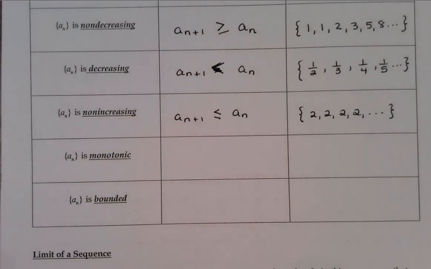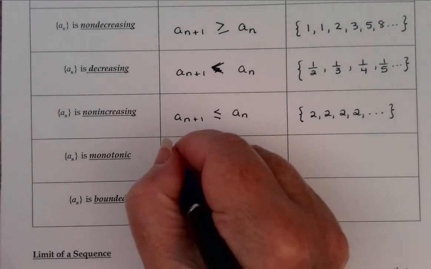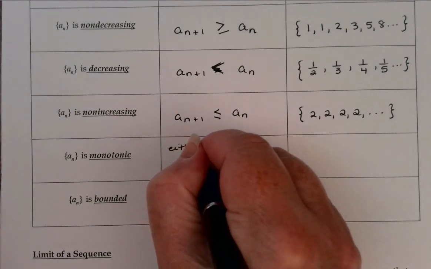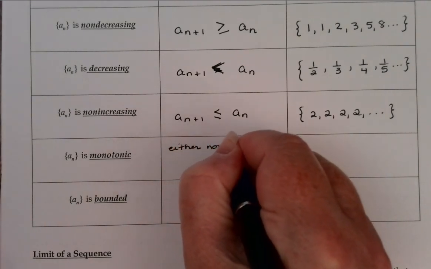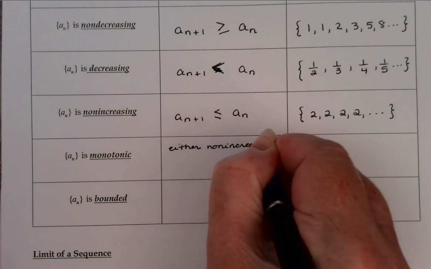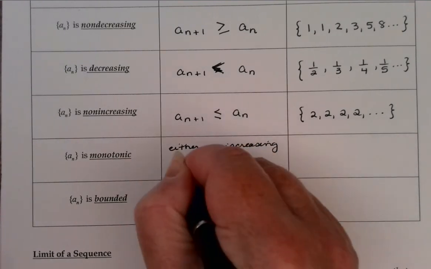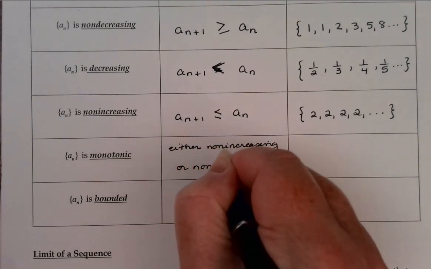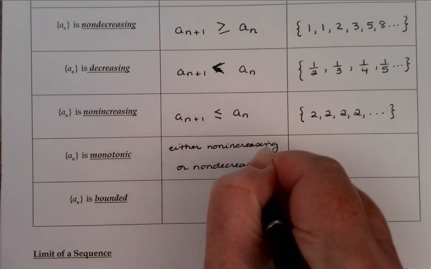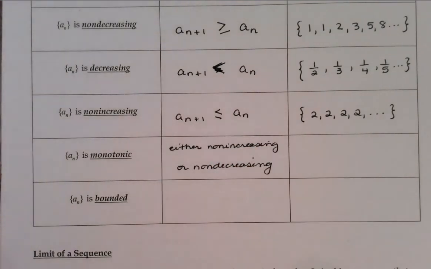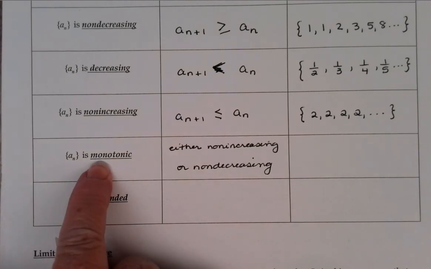Monotonic. A monotonic sequence is either non-increasing or non-decreasing. Essentially, it means it goes all in one direction. Mono meaning one, right?